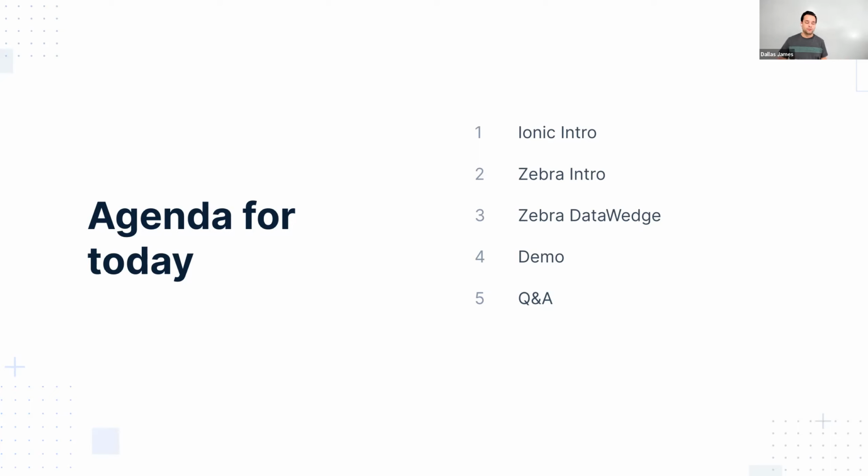So we're going to do a quick intro for Ionic, just kind of going into the background of Ionic. What is Ionic? Just to give an overview for anyone who might be not as familiar with the Ionic stack. Then we will dive into working with Darren and talking about Zebra, and he'll give some background on Zebra as a company, and then we'll talk about the Zebra DataWedge, the application that he's put together, and he'll give us a quick demo of everything he's put together. Then at the very end, we'll have some time left over for some Q&A.